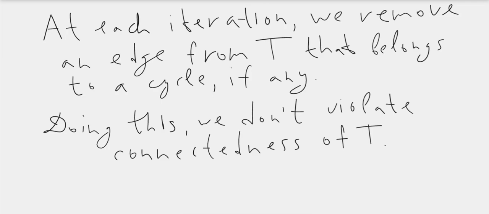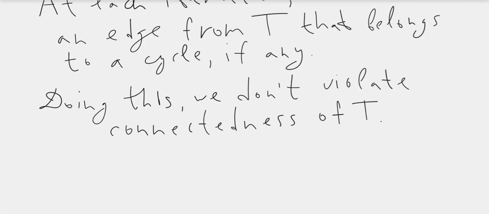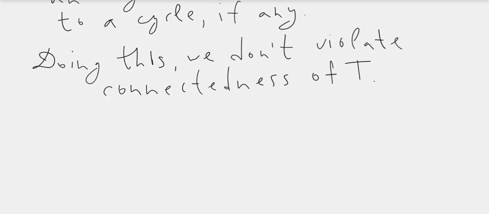Why is that? Well, because we remove only edges of cycles. So if we have a cycle, all we do is remove, let's say, this edge.